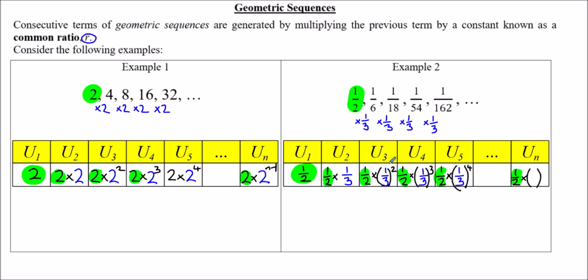So again, you can see here the power of the common ratio is always 1 less than the term number. 1 less than 3 is 2, 1 less than 4 is 3, 1 less than 5 is 4. So generally, for the nth term, 1 less than n is going to be n minus 1.